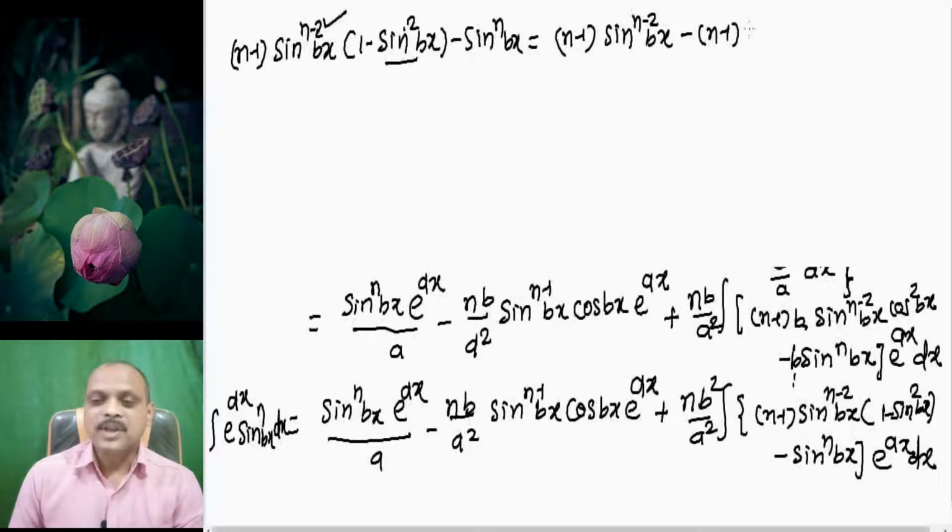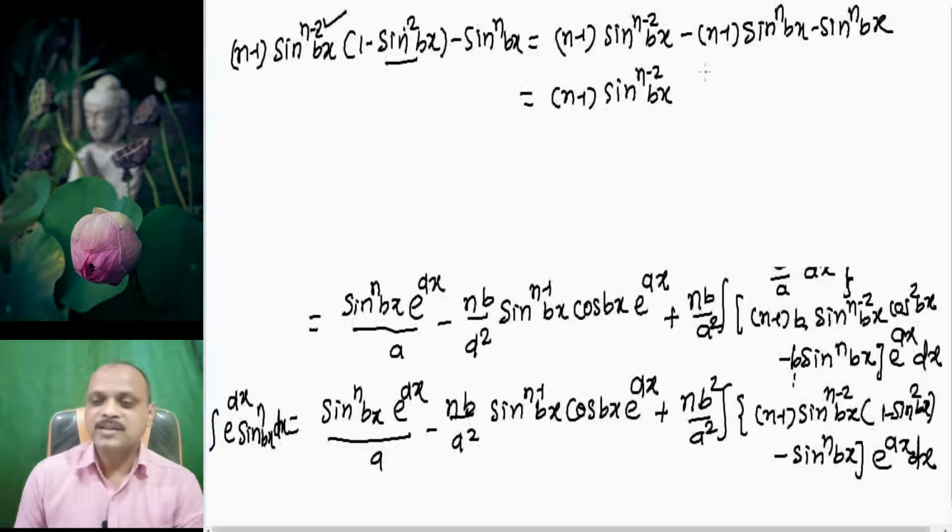Therefore we have now sine raised to n bx minus sine raised to n bx equal to n minus 1 sine raised to n minus 2 bx.